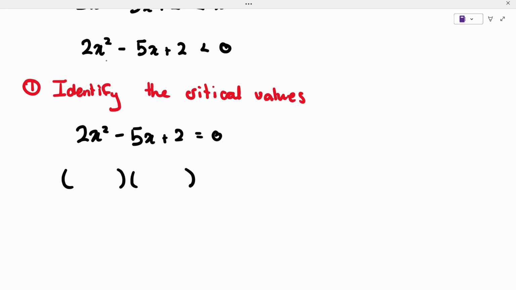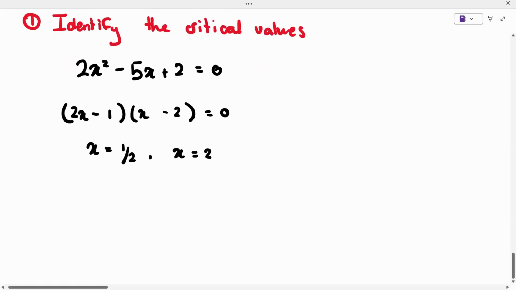We factorize. Let's see here, we could do 2x, x, 2, 1, minus, minus. The critical values are x is a half and x is 2. Nice, we have our critical values.